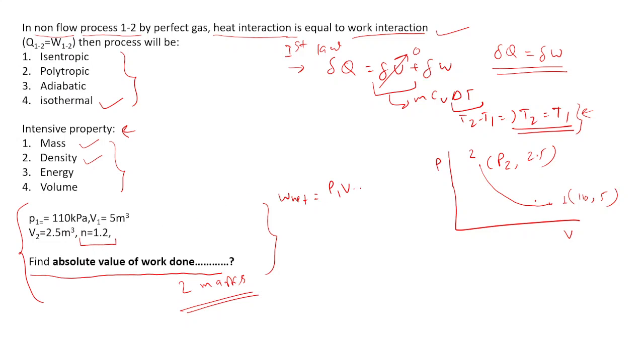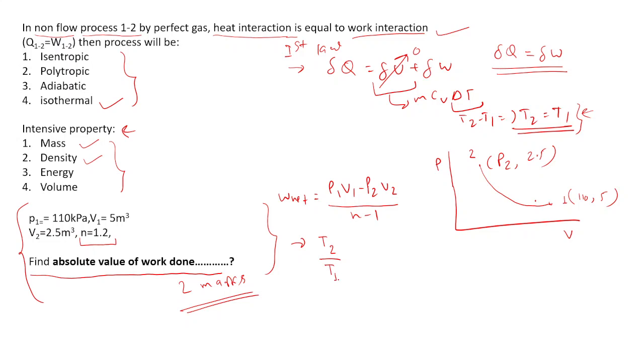The formula is (P1 V1 minus P2 V2) by (n minus 1). P1 we know, V1 we know, V2 we know, and P2 we don't know. So how will you find P2? P1 V1 to the power n is equal to P2 V2 to the power n. I am writing the whole formula here.